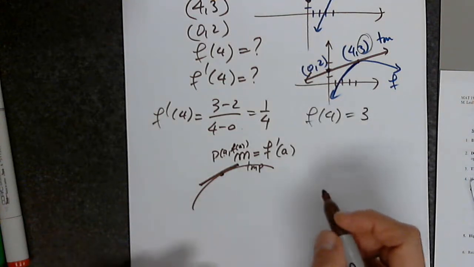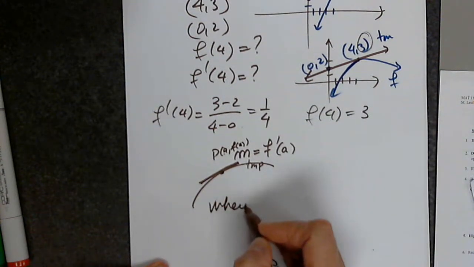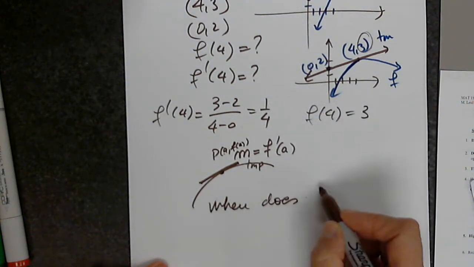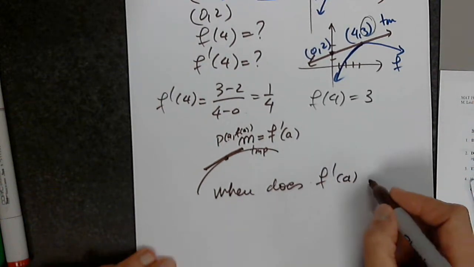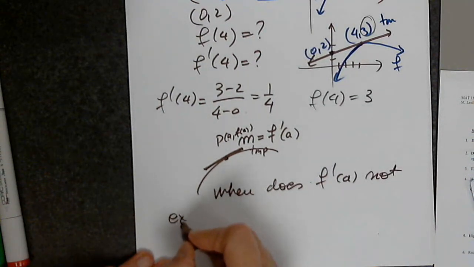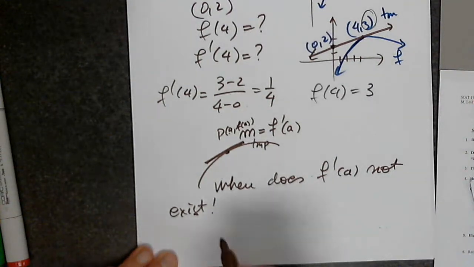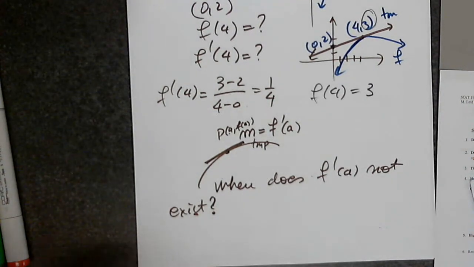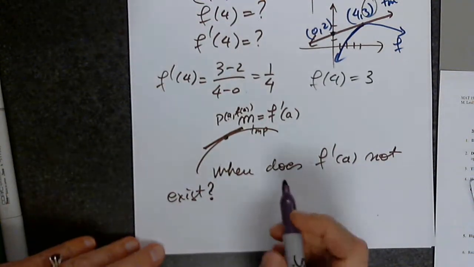So now, when does f prime of a not exist? When? In other words, I'm really asking this.